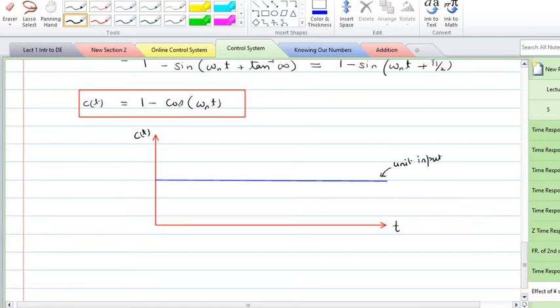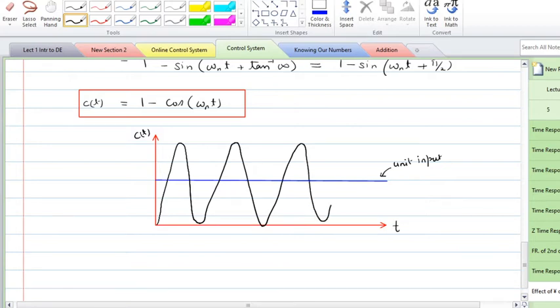So 1 minus cos omega t looks like this. Okay, and this response is nothing but your oscillatory response.